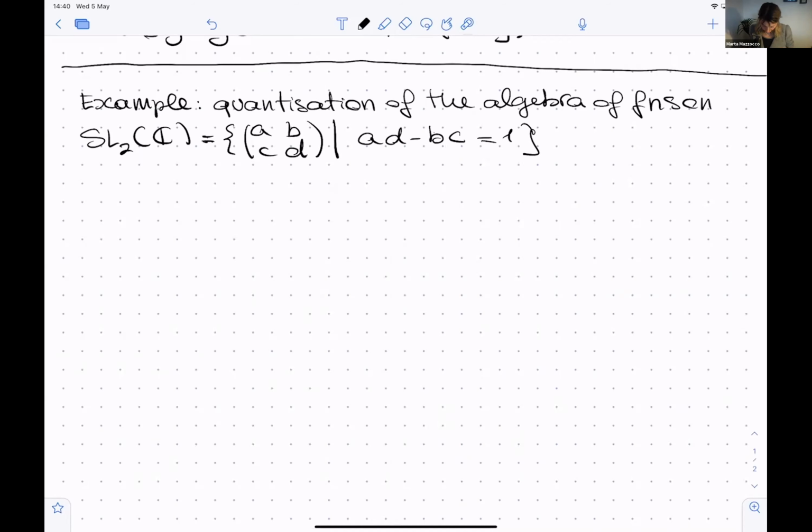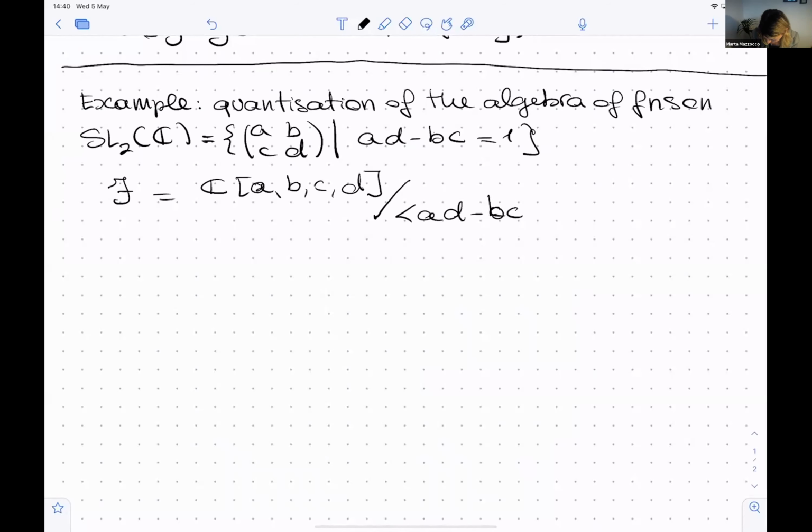And so we can think about the algebra of regular functions as the set of polynomials in the variables A, B, C, D, modulo the ideal generated by this relation.